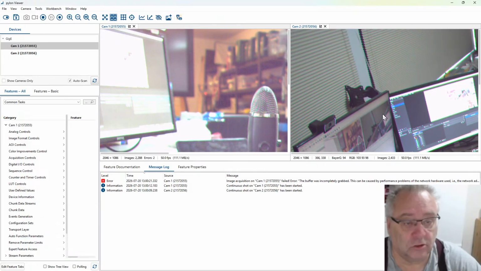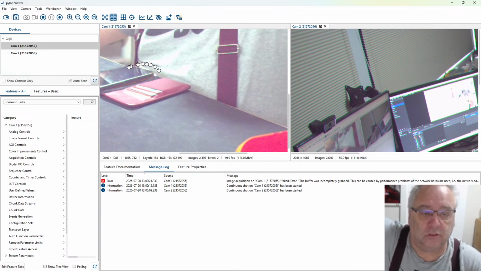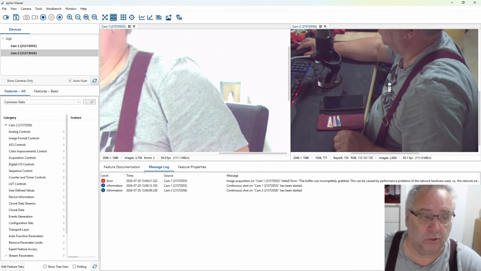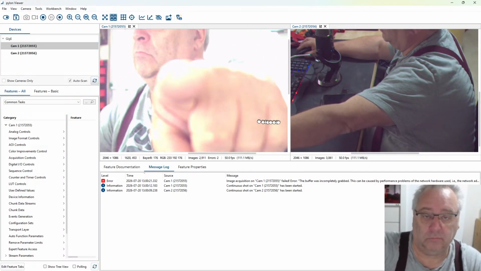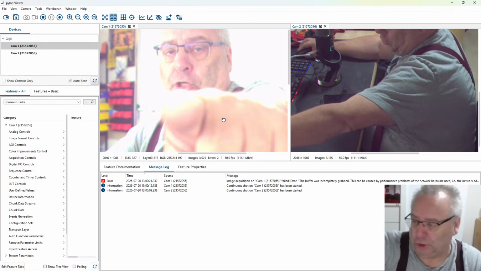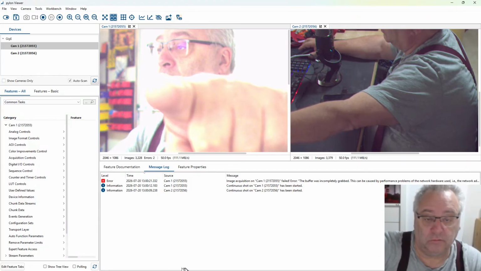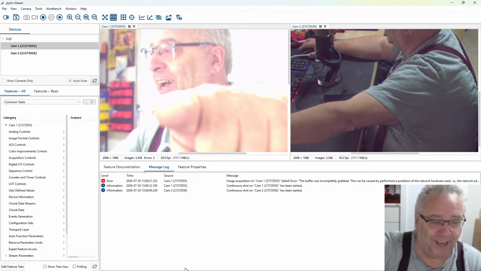That's that camera. Okay, let's pick the cameras so we can see this camera, this camera. Actually, I don't know which one is the one.